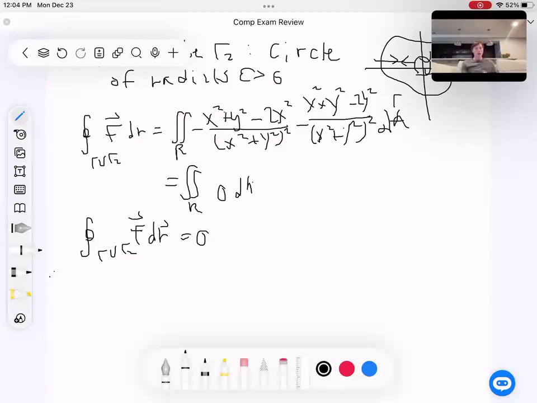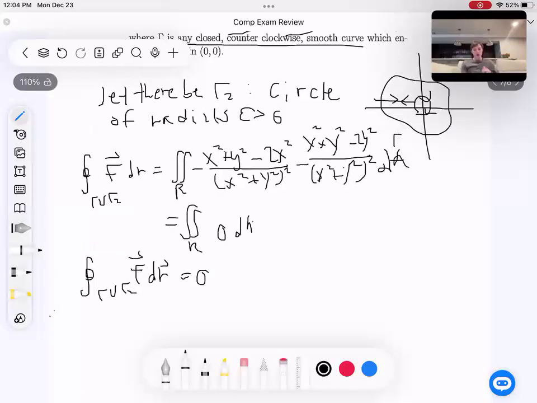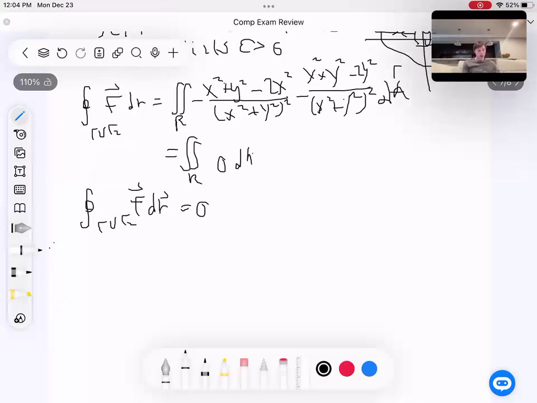Now, we know that we have two separate curves that are being joined. One is positively oriented and one is negatively oriented. So really what this is, is the integral across gamma of F dr, where r is the parameterization, minus gamma 2, because it's negatively oriented. So instead of adding, we're going to subtract it.